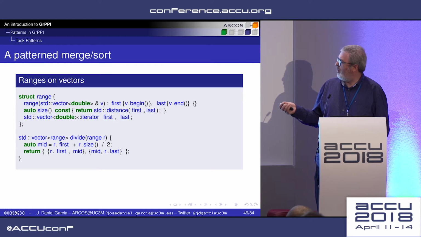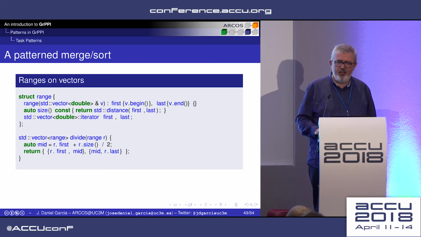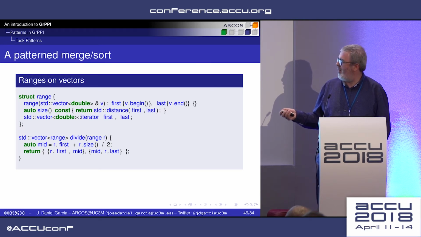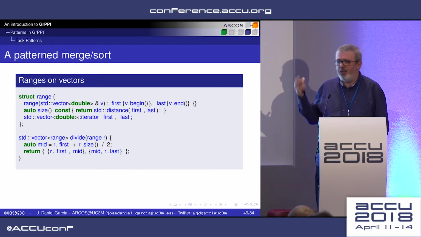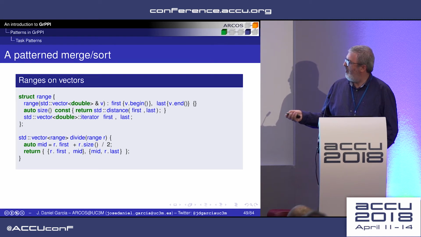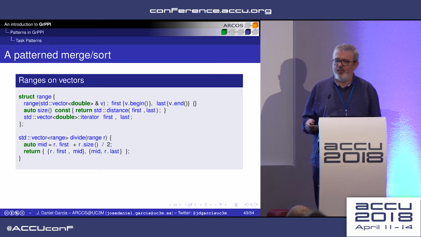And I can also compute the size. That's all my range has. And I have an additional function where I provide a range and I divide it into subranges. So I return a vector of ranges, or it could be a pair of ranges, of course, with the first subinterval and the second subinterval.